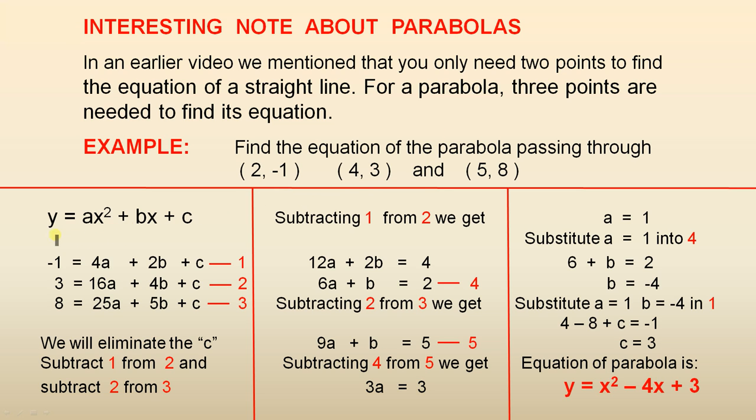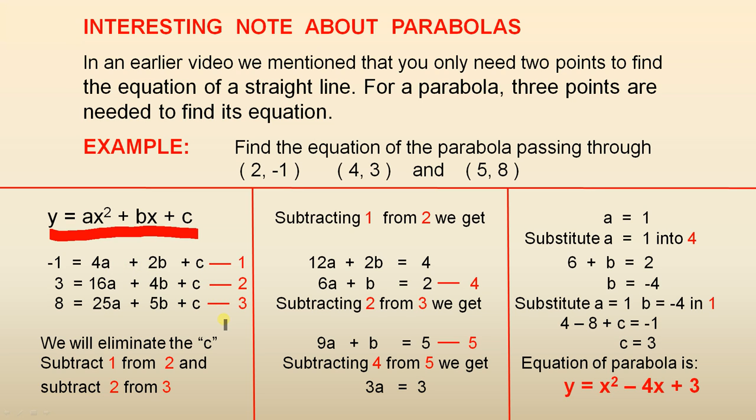Now here is the general formula for the parabola, which we saw in an earlier video. We substitute each of these 3 points into this equation, and we end up with 3 equations. Now, we have 3 equations here in 3 unknowns, a, b, and c.